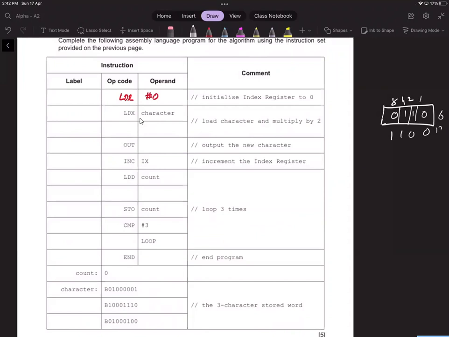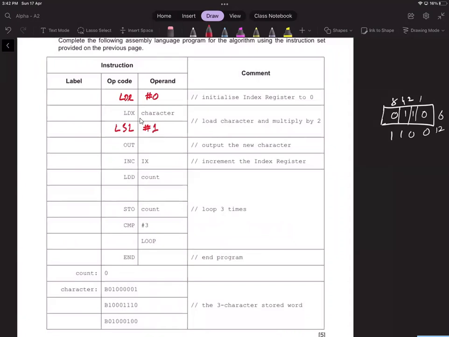So it was 6 and now it has become 12. So it is being multiplied by 2. So what we have to do is write LSL, logical shift left, 1 time. So this will be multiplied by 2.